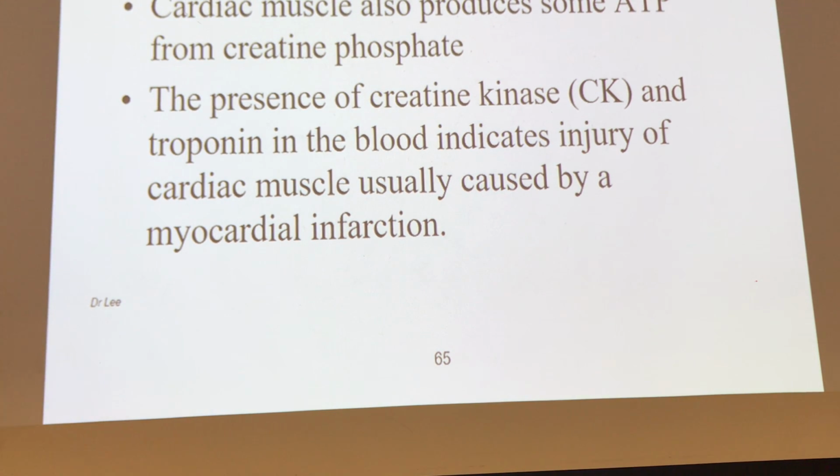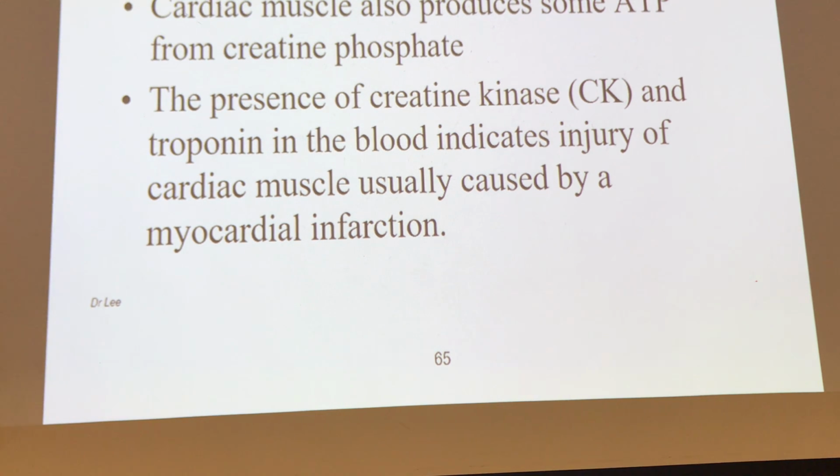So what happens? We want an enzyme, a protein, that we can measure by way of serial blood draws. So we don't just do one blood draw. We do one blood draw every hour and check to see if there's a rise in the values for creatine kinase and troponin, right? You should never see troponin in your bloodstream at all, never. The only time you see troponin in your bloodstream is if you're having an MI, and then your troponin value skyrockets over the course of a few hours.